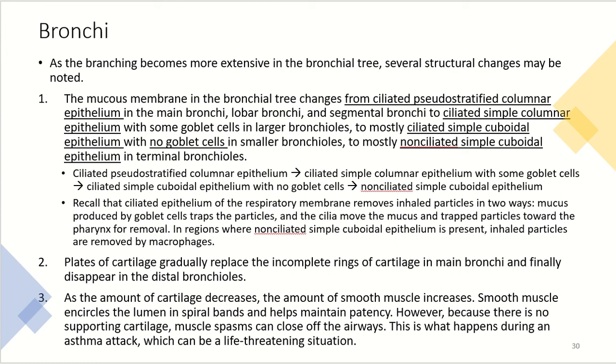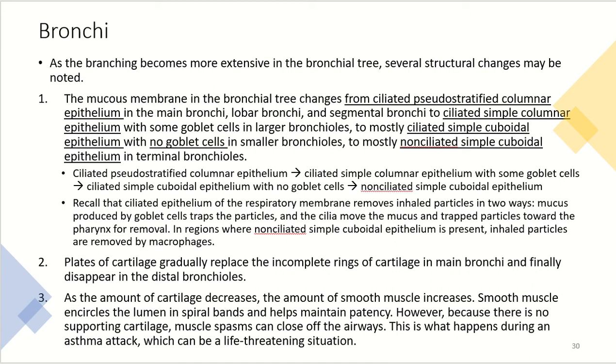This is going to change then to a ciliated simple columnar epithelium that's going to have some goblet cells in the larger bronchioles, and then mostly ciliated simple cuboidal epithelium that is going to have no goblet cells, so it's devoid of goblet cells in these smaller bronchioles. And then it's going to further change to primarily non-ciliated simple cuboidal epithelium cells in those terminal bronchioles.